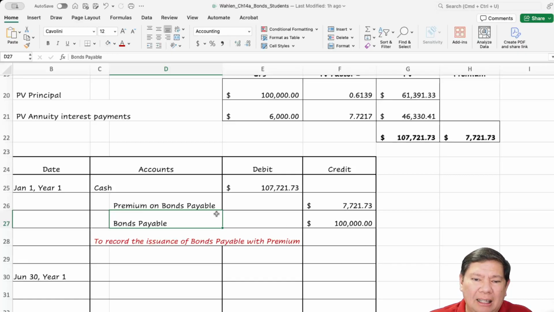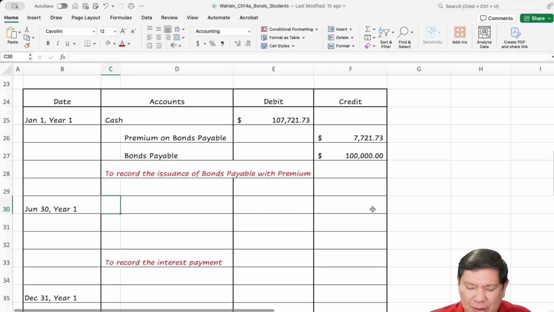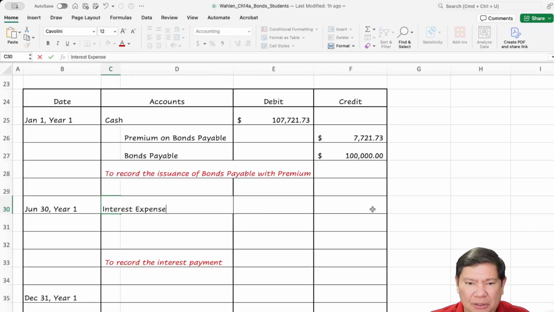Because both are credit, the premium on bonds payable increases the bonds payable to its carrying value above the face value.